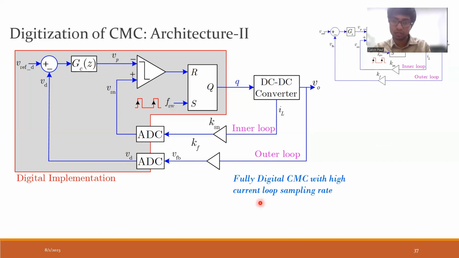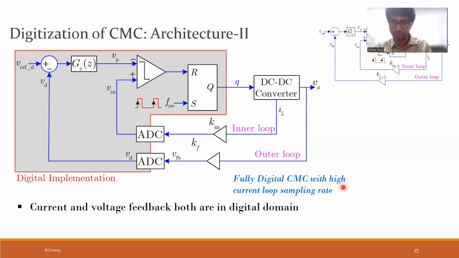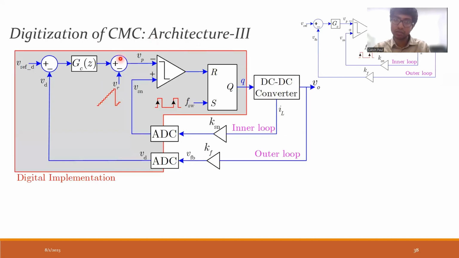So this is digital current control with a high current loop sampling rate. Current and voltage feedback both are in the digital domain. Next, let us consider current mode control architecture 3, where I'm sampling the output voltage and I'm sampling the inductor current as a value. But inductor current sampling doesn't need to be very fast.